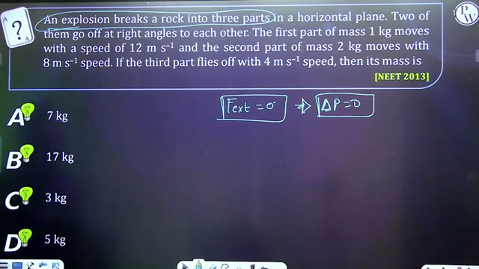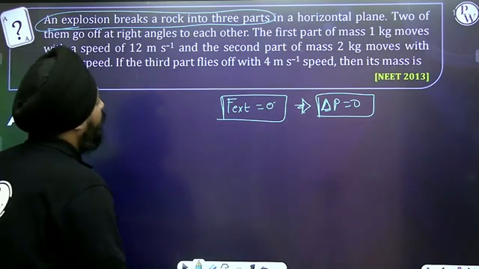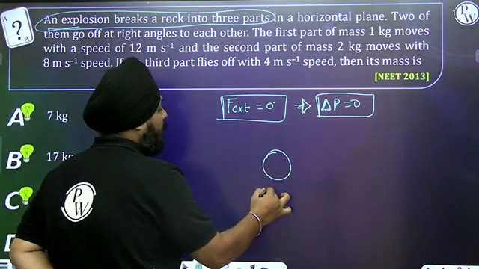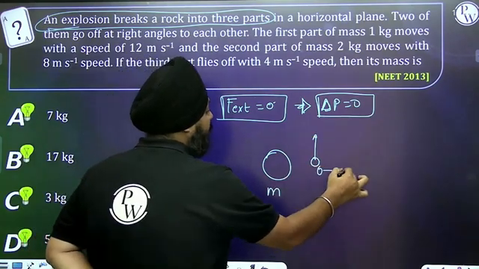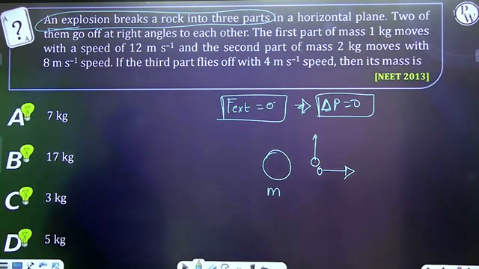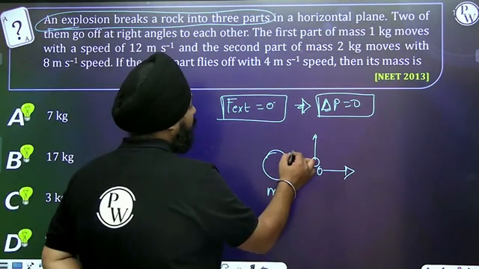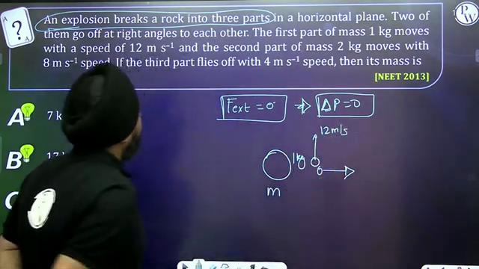Two of them go at right angles to each other. The first part, of mass 1 kg, moves with a speed of 12 meters per second.